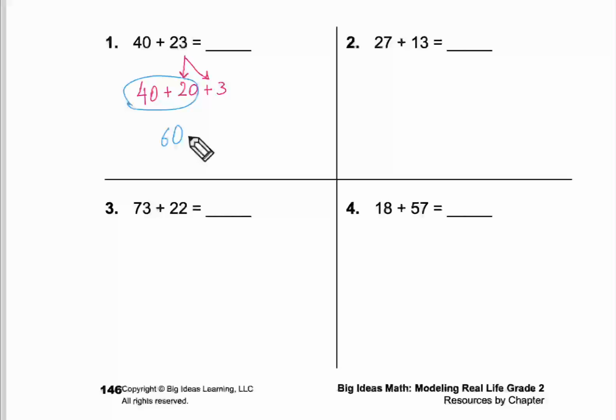It's 60. And we have here plus 3. So 60 plus 3 equals 63. So the answer is 63. Okay. Any problems? Okay, let's move to the next one.